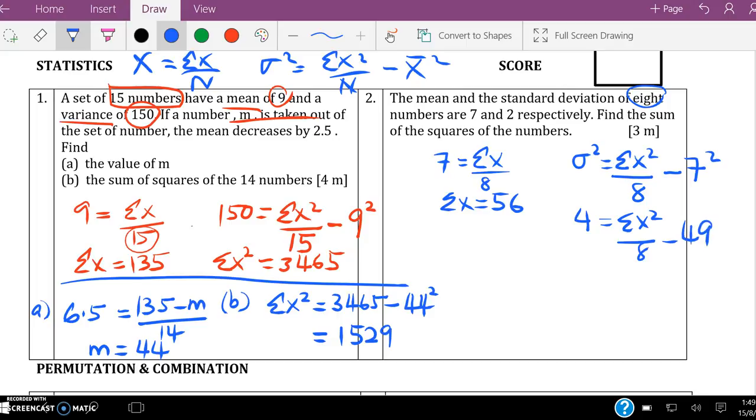So 49 plus 4, times 8. Sum of x squared for this question is 424.